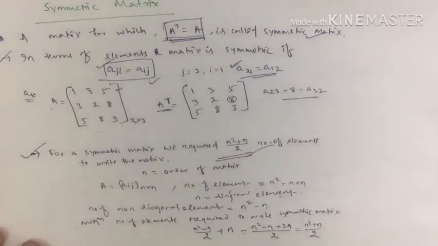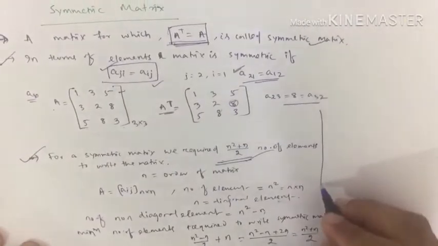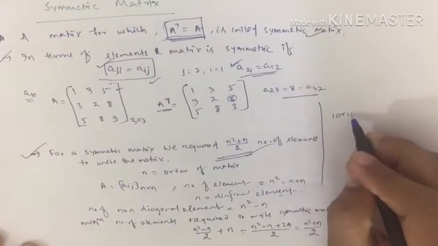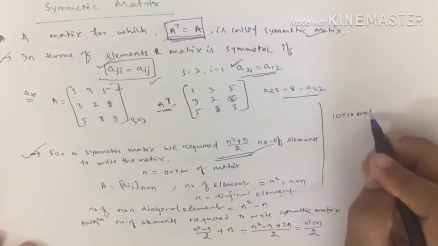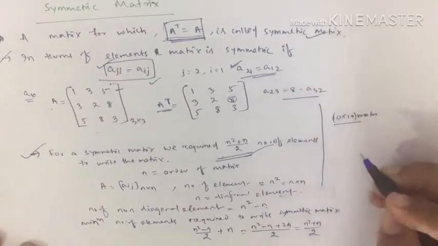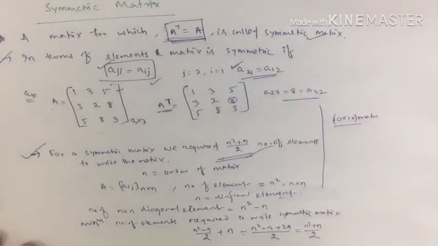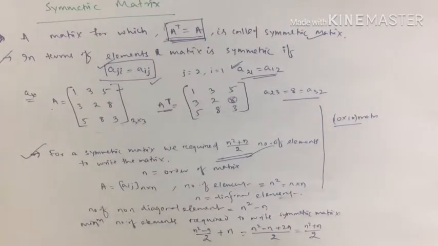This point is important. So if you have a 10 cross 10 matrix, the question is the minimum number of elements required to write the symmetric matrix, given it is symmetric obviously.